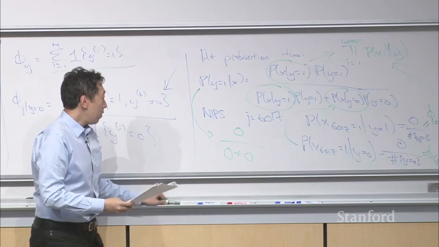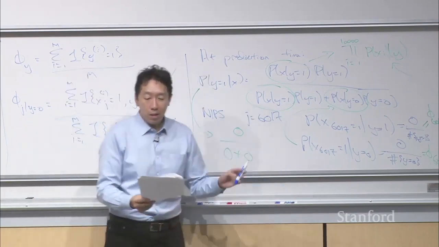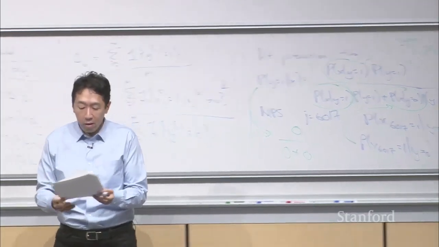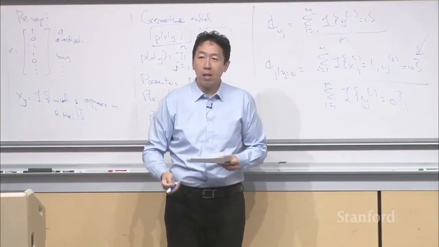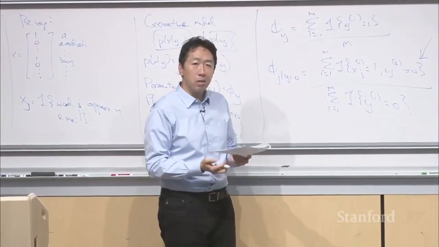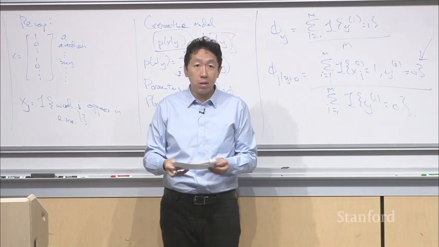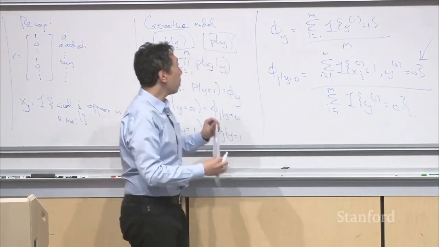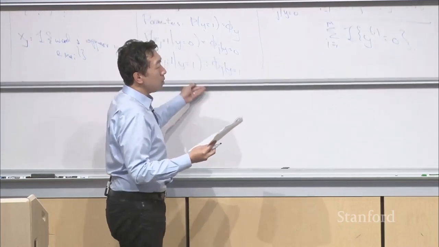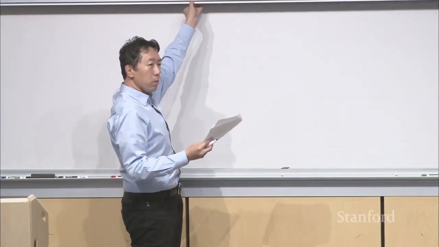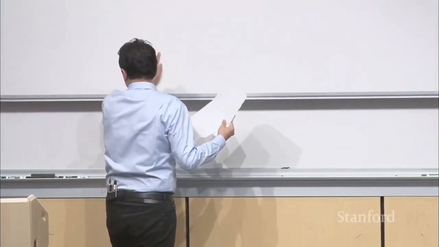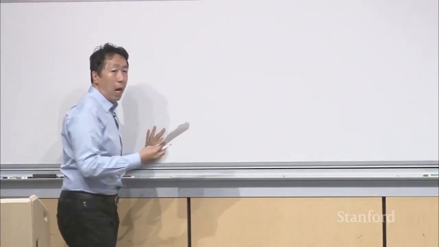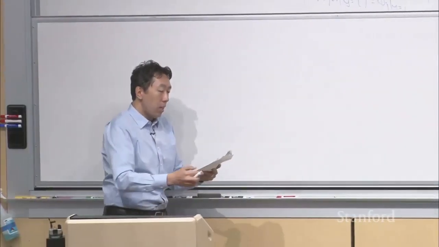Now, apart from the divide by 0 error, it turns out that statistically it's just a bad idea to estimate the probability of something as 0 just because you have not seen it once yet. So what I want to do is describe to you Laplace smoothing, which is a technique that helps address this problem, okay?